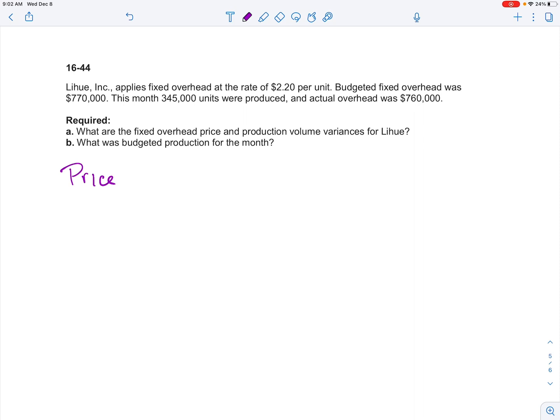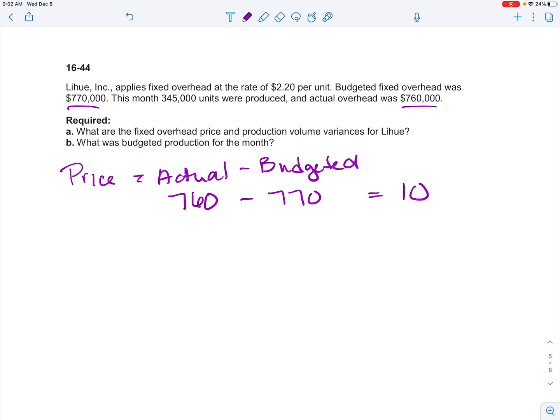In overhead, it's just your actual minus your budgeted amount. So all I'm looking at is pulling those numbers in, 760 versus 770. That's a $10 difference, or $10,000 difference. Trying to eliminate writing so many zeros. And now we have to figure out if it's favorable or not. We actually paid less than we thought we were going to, so that's favorable.